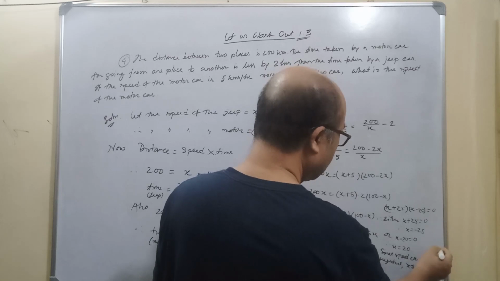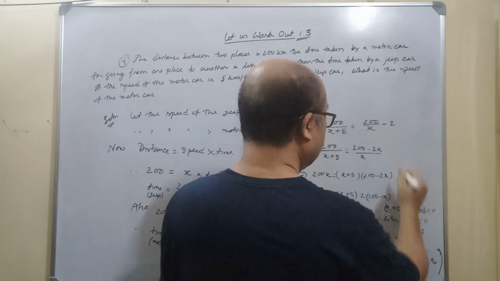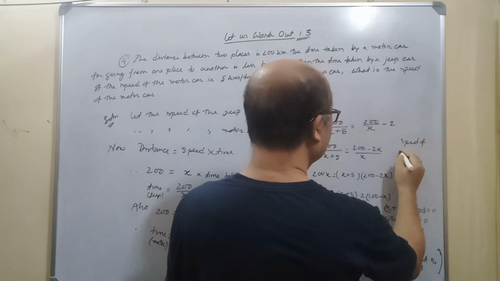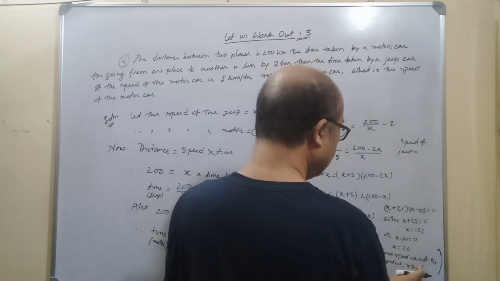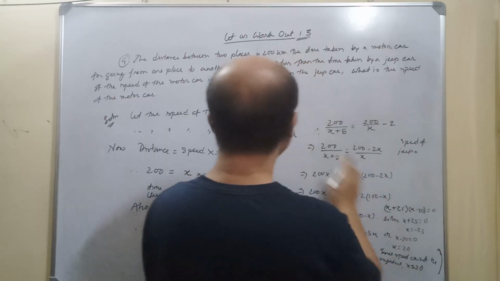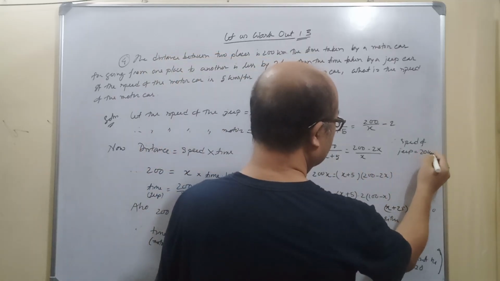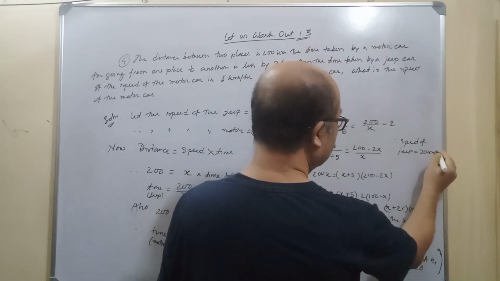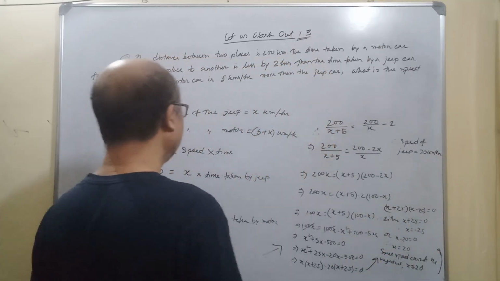Hence, the speed of jeep equal to x is equal to 20. That simply means it is 20 km per hour. You write the unit also. Don't forget to write the unit, 20 kilometer per hour.